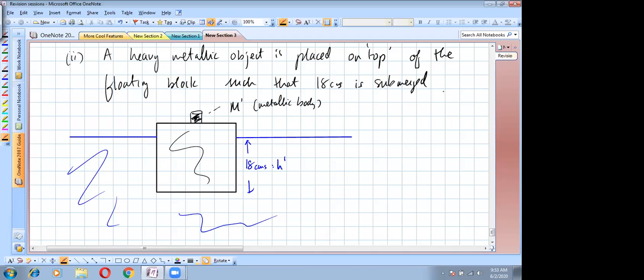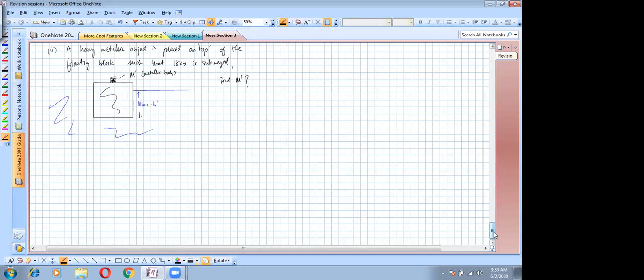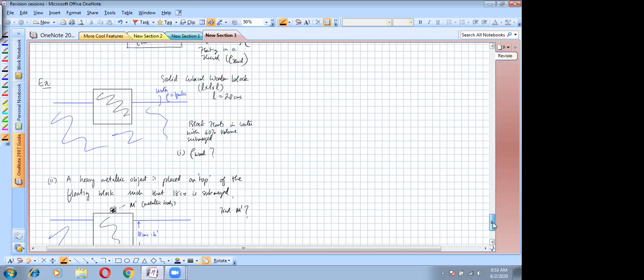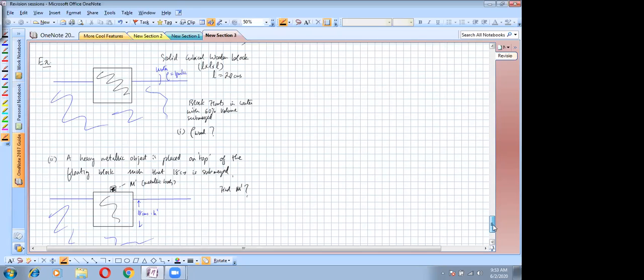So we have to find m prime, the mass that we put on top of this, so that the submerged part is now becoming 18 centimeters. Just try this out. So this is a very standard type of problem with application of Archimedes principle applied to a floating object.